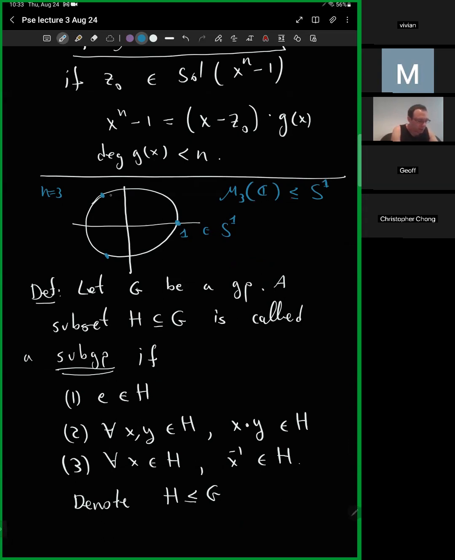So here, for example, we enumerate this as Z1, Z2, Z3. Who can tell me what is the inverse of Z2? What is Z2 to the minus 1? That's 3.